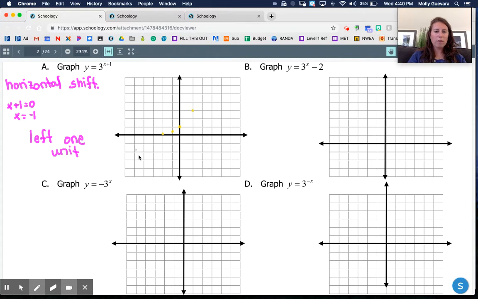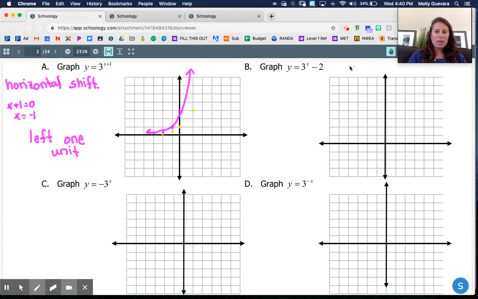Okay, so here are my parent points. Then if I want to translate them, every single point is going to go to the left 1 unit. And there's my graph. That's it. Not so bad.